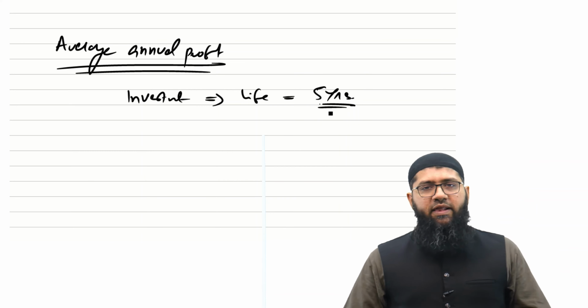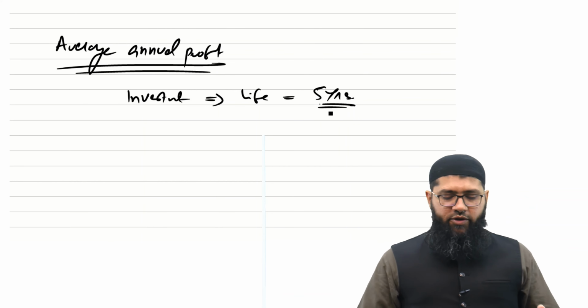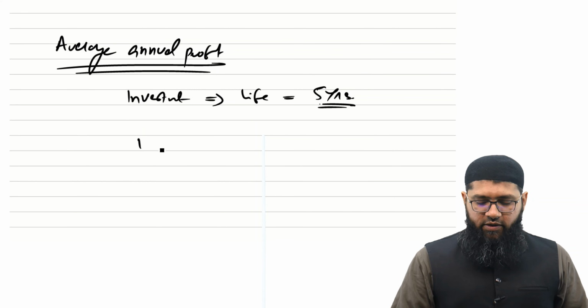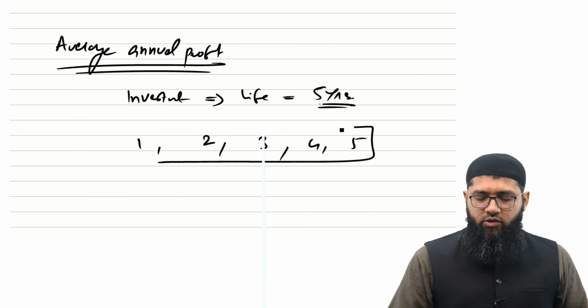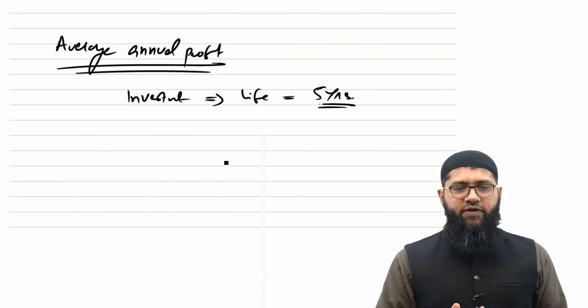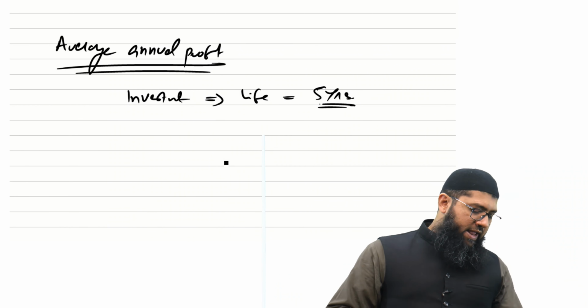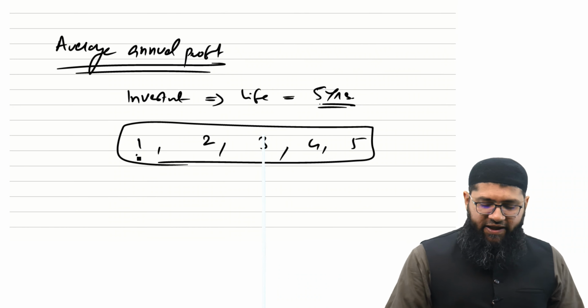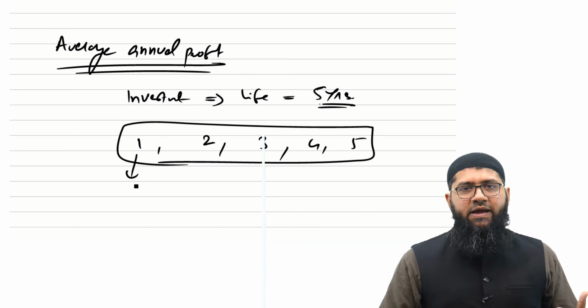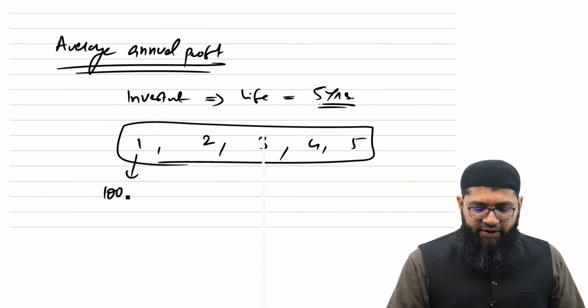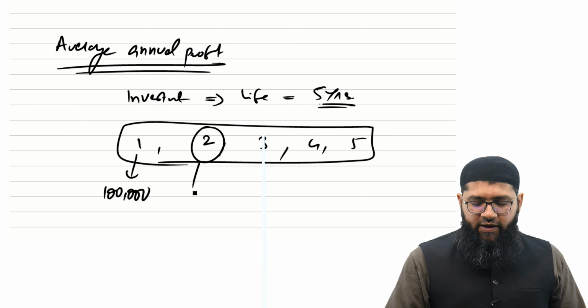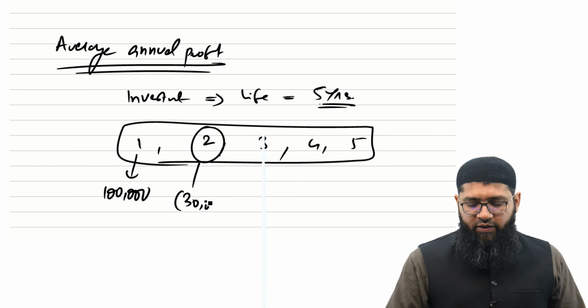So you're going to calculate year 1, year 2, year 3, year 4, year 5, the 5 years' profit. What exactly are these 5 years' profits going to be? Let's say the year 1 profit is 100,000, and let's say the year 2 profit is a 30,000 loss.